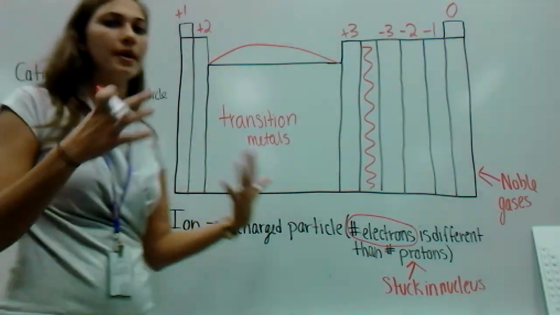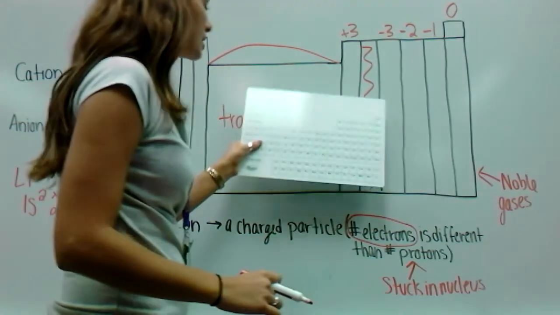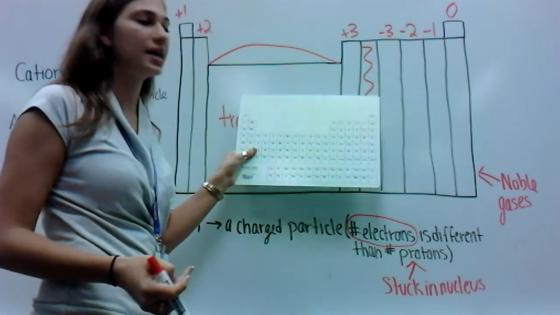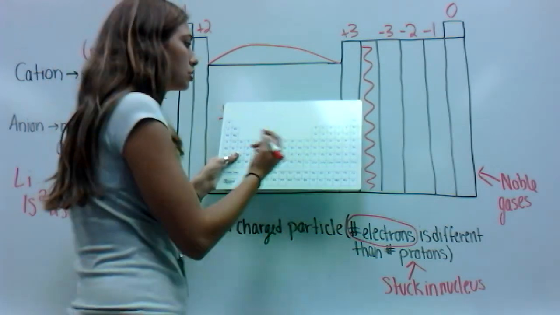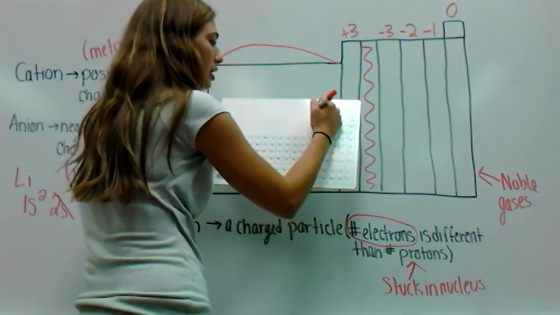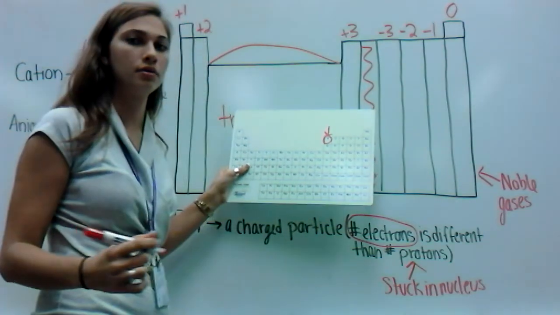Think about some questions that I can ask you for this. If you look at our periodic table here, I can ask you, what would be the charge for an ion of boron?